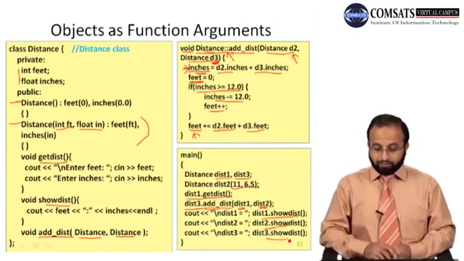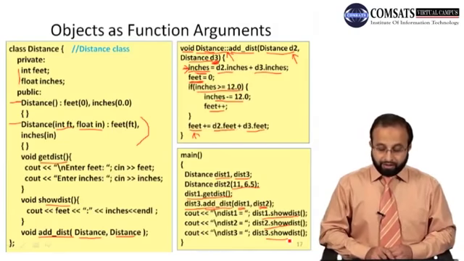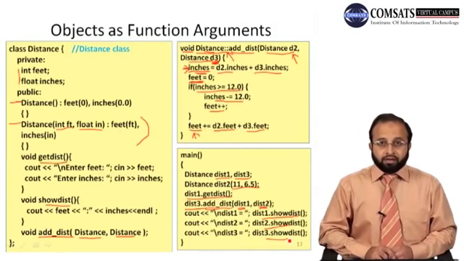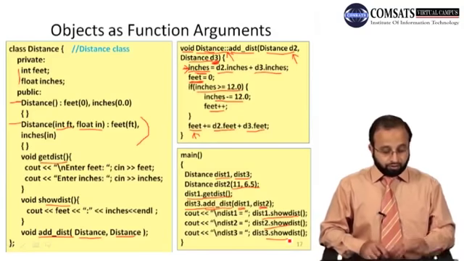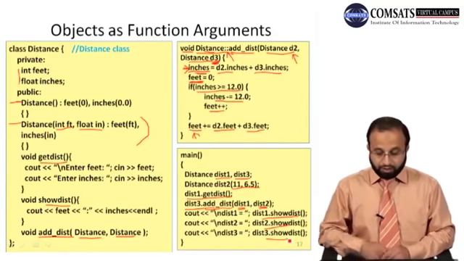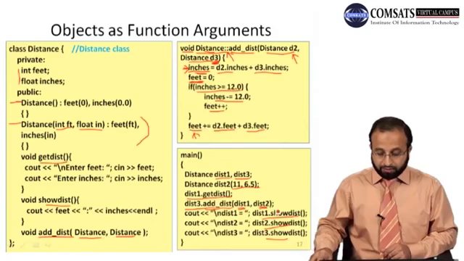Now in this particular example what we are doing is we create three objects. We initialize the value of one object by using the constructor with two arguments. There is no set dest function here.